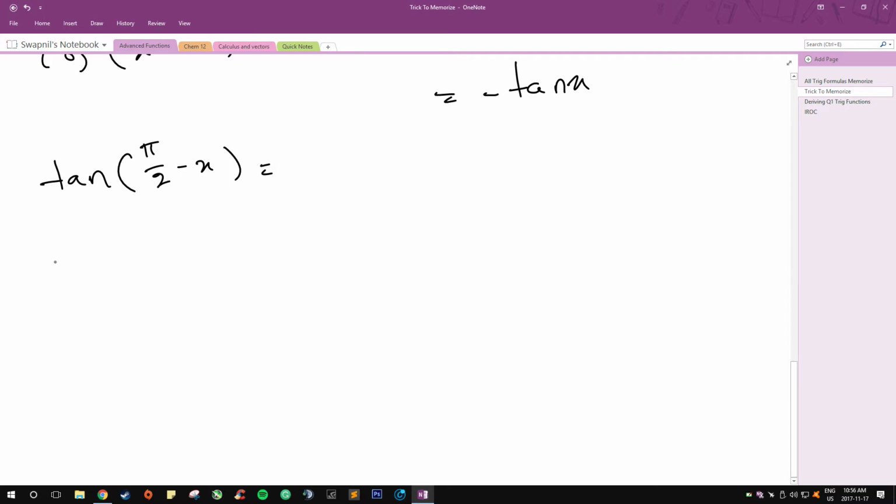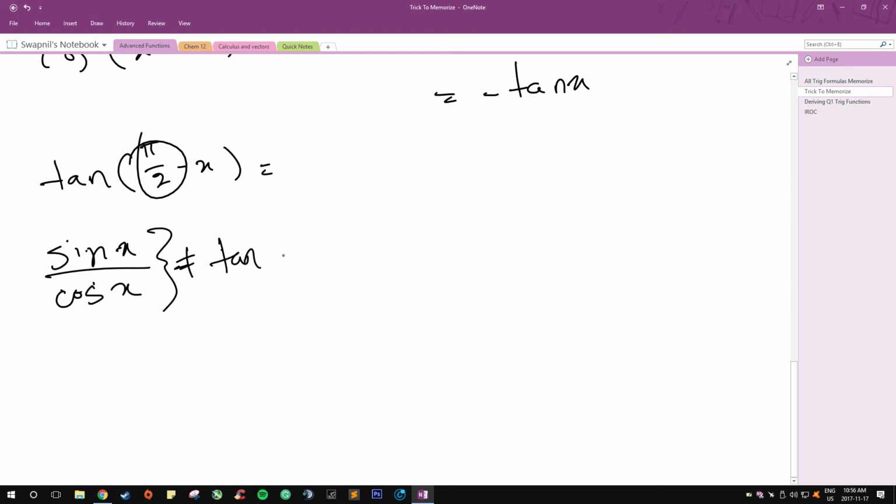Alright, so you have sine of pi over 2 minus x, which is plus sine x, over cosine of x. So yeah, this gives you a sine, but then you have to think that, oh yeah, this is a fraction. So instead of taking the tan of x, you just take the cotangent of x.